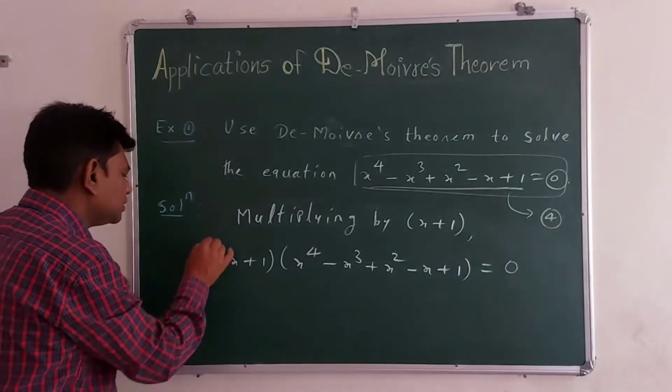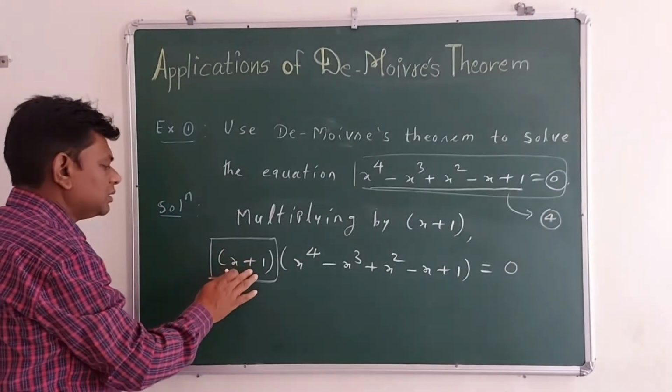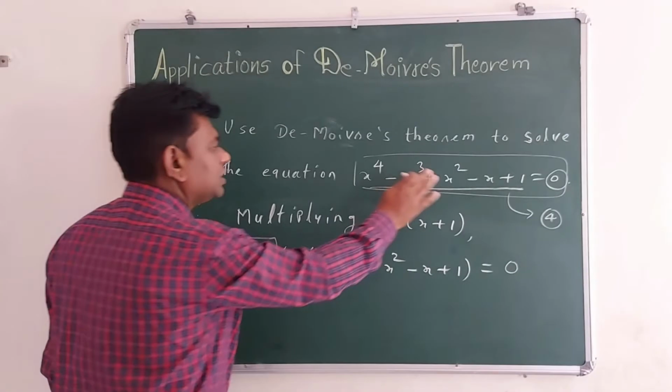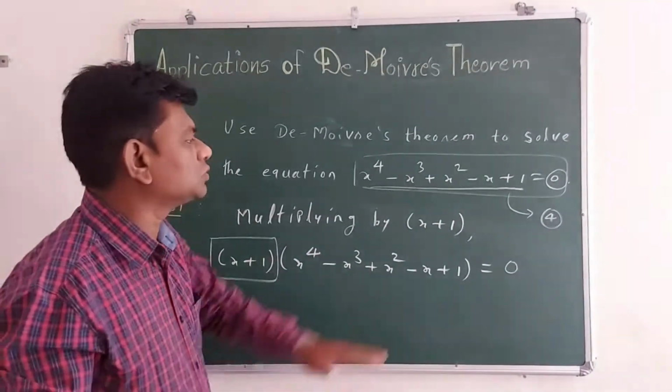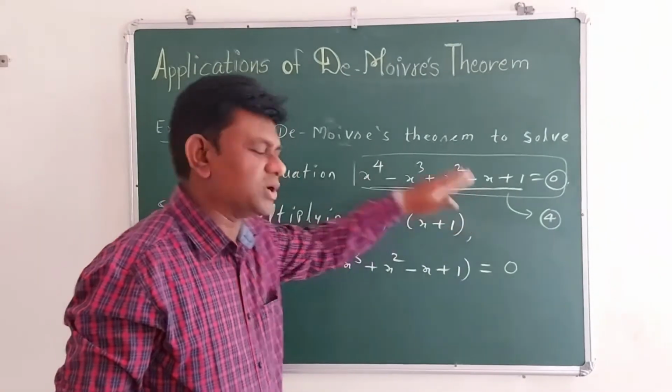Now here this x plus 1 is not the part of the given equation. Therefore x equal to minus 1 is not the solution of the given equation.